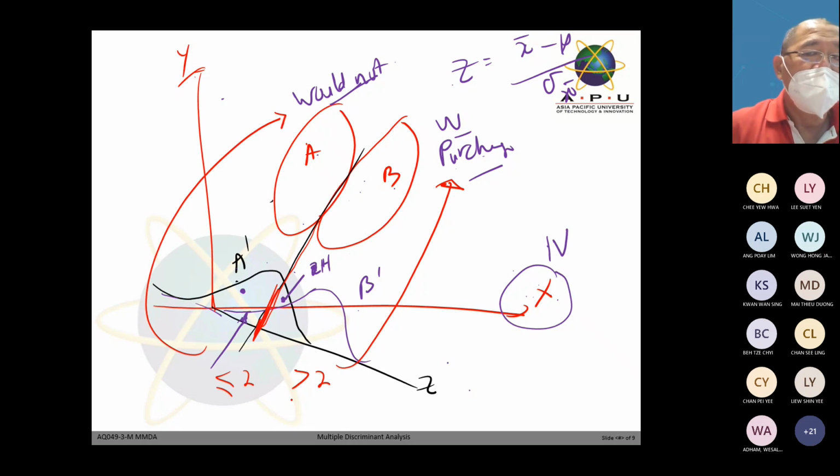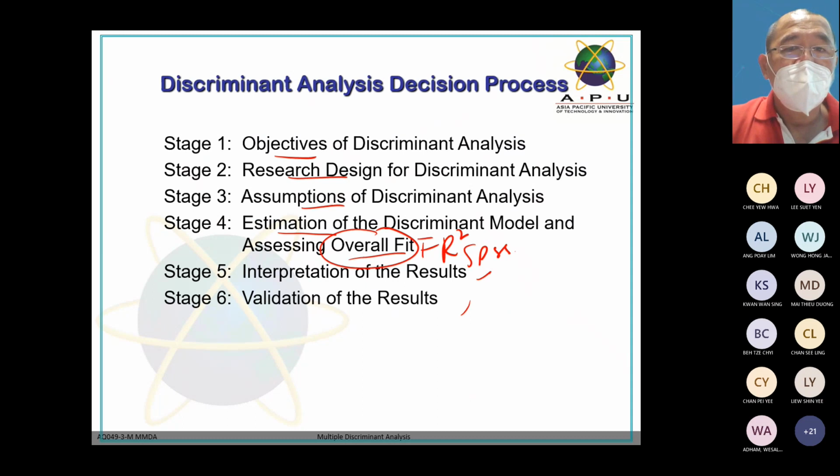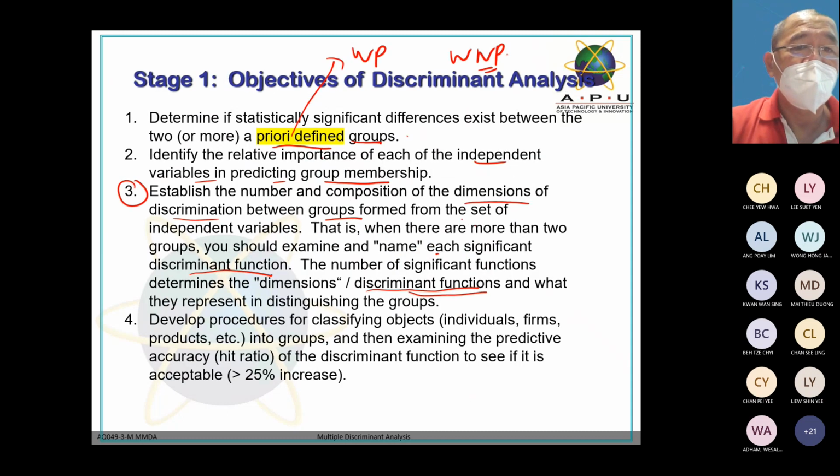Here it is a number, but sometimes maybe a function. If 3 groups and above, you will see later. Which function is the best, we can use the rotation method to adjust the function. Remember we discussed rotation a bit in factor analysis.